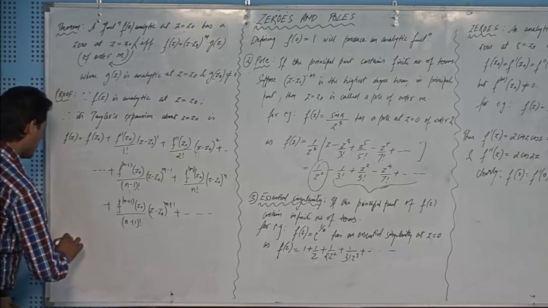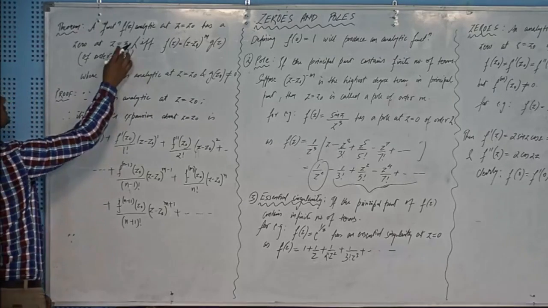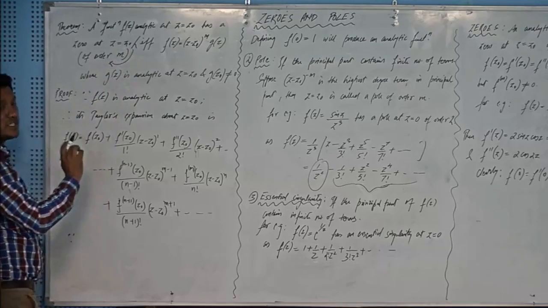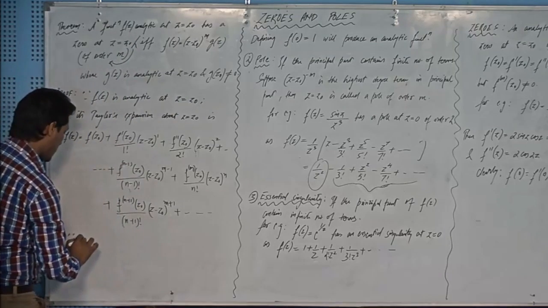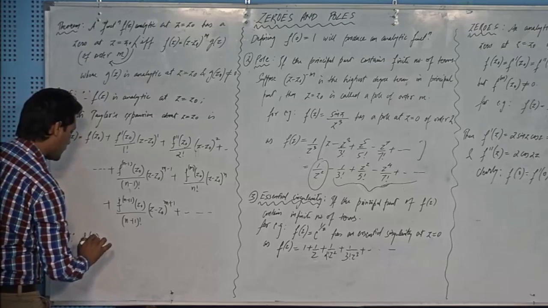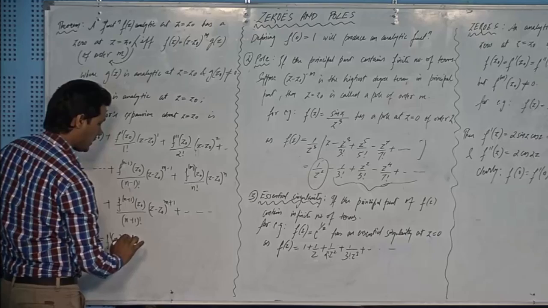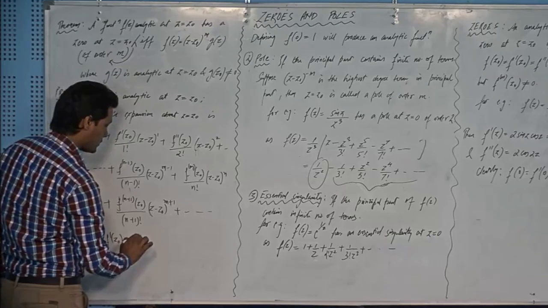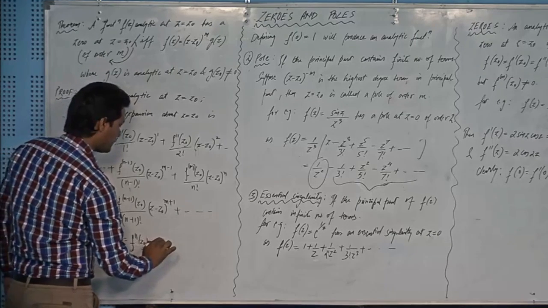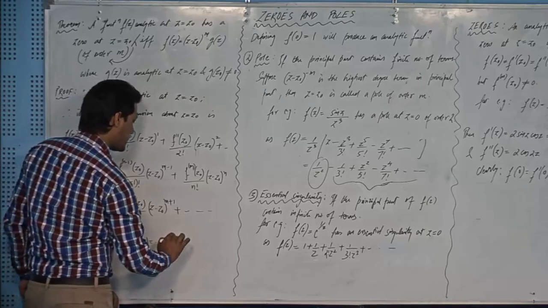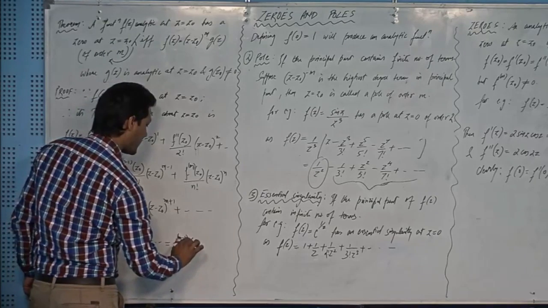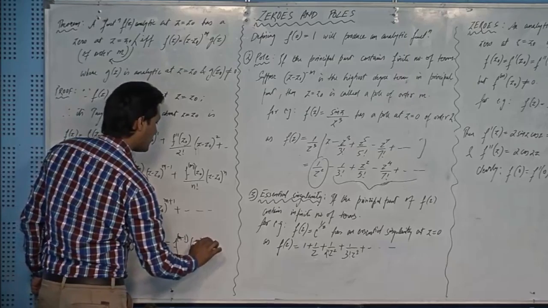Since this point is a 0 of order m, it means that using that definition, f(z naught) equal to f dash of z naught equal to f double dash of z naught, up to the (m minus 1)th derivative at z naught, all of them will be equal to 0.